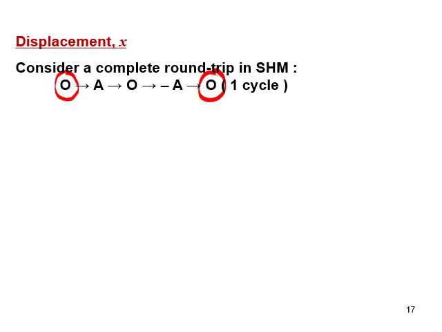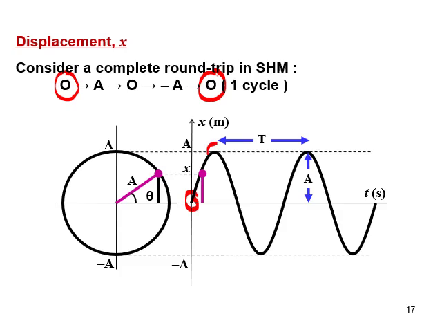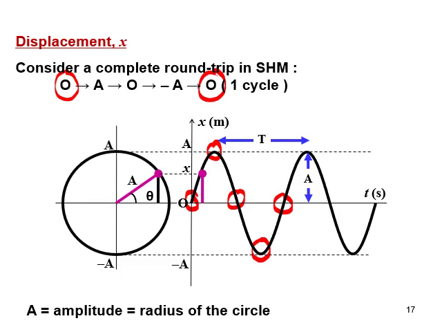By considering the diagram, the starting point is from equilibrium position O, moves to positive maximum displacement, positive A, back to the origin, in other words equilibrium position O, then moves to the negative maximum displacement, negative A, and ends up at equilibrium position O to complete one cycle. From this projection, the amplitude A represents the radius of the circle.